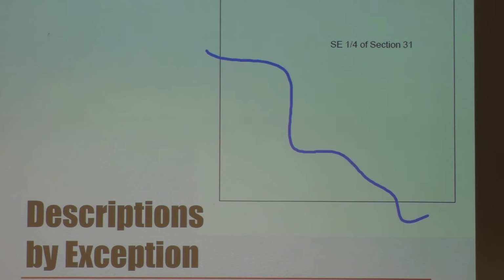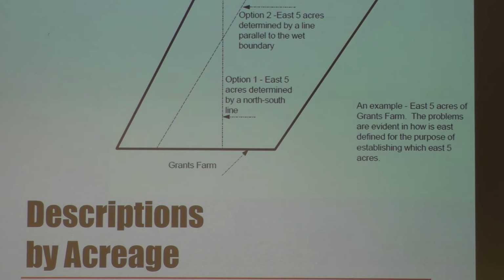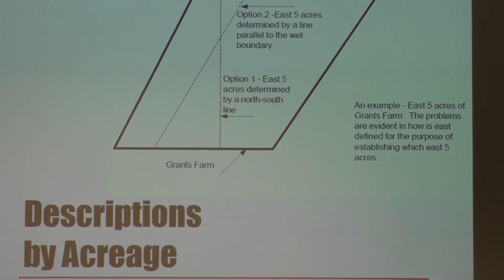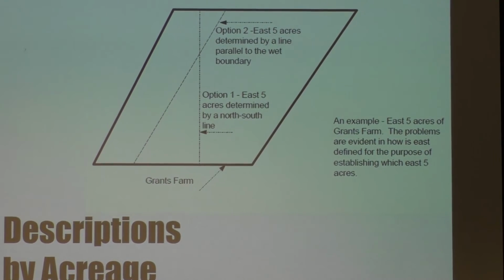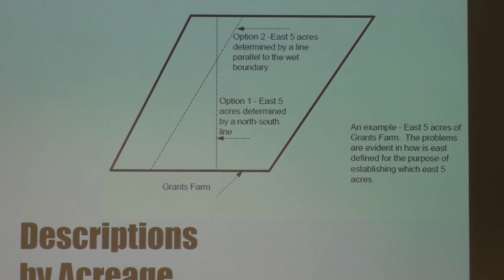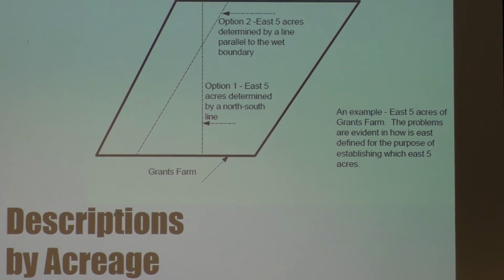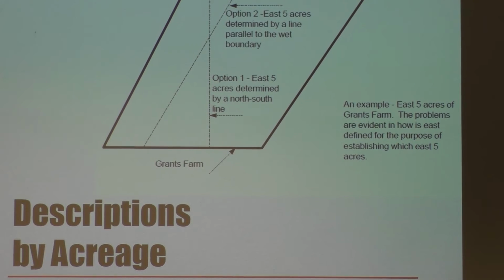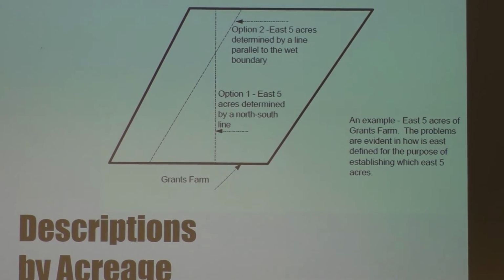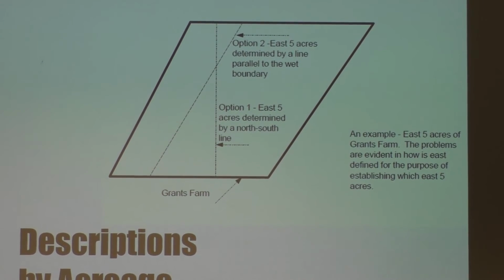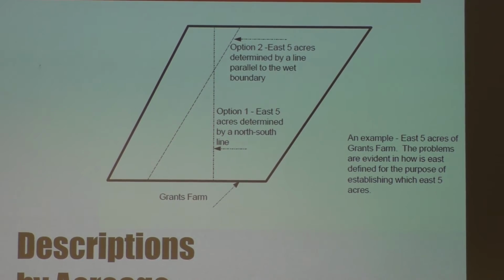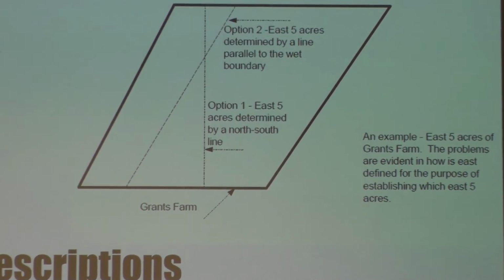The other way to do it is by acreage and say, I give you 5 acres in the northwest pasture. And then you have absolutely no idea where that property is, and neither does the person who gets it, by the way, unless they happen to walk the boundary or think they know where it is.